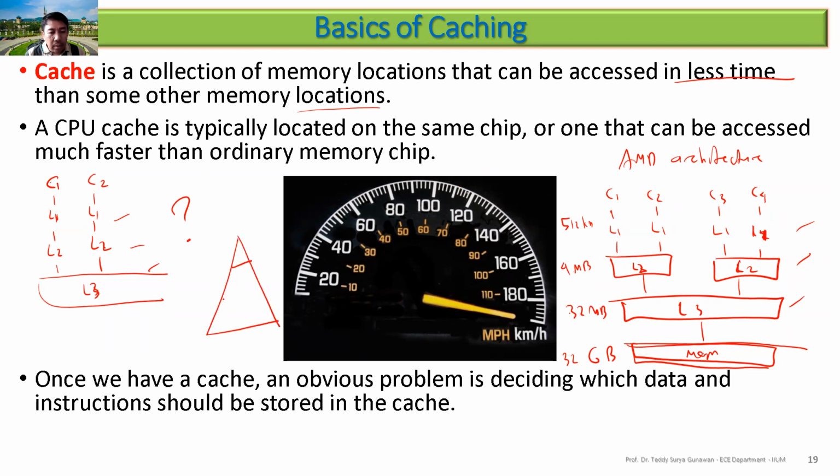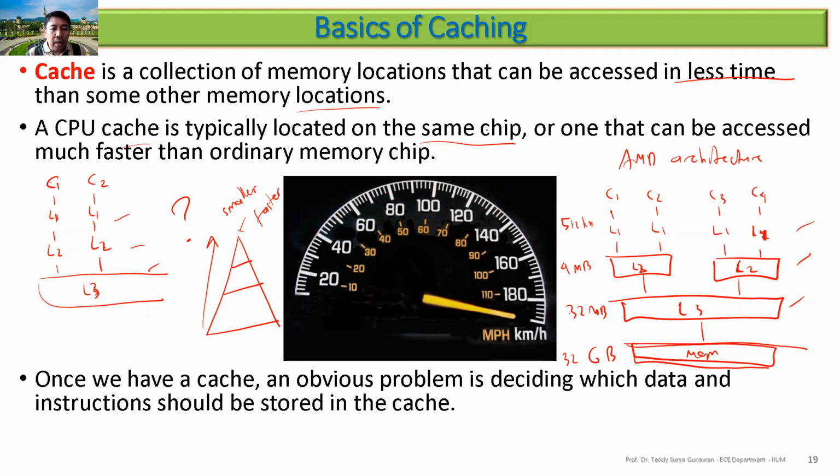If you go up the pyramid, it will be faster, but smaller in size and more expensive. So smaller but faster as we go up. A CPU cache is typically located on the same chip.